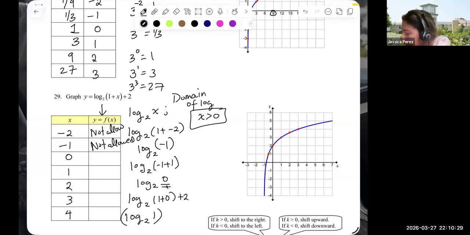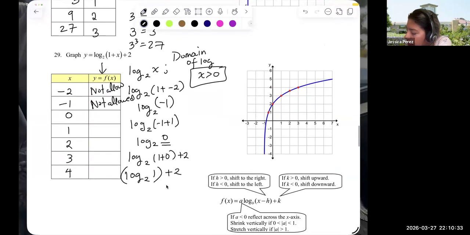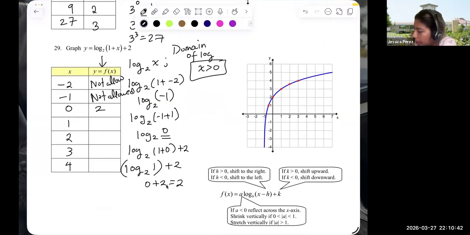And then we take this and add a 2 to it. So log base 2 of 1, remember, is 0. 0 plus 2 is going to be 2. So the plus 2 is the k factor. So this is log base 2 of x, and then the plus 2 here would be the k factor. And then the 1 plus x, that's going to be the horizontal shift.